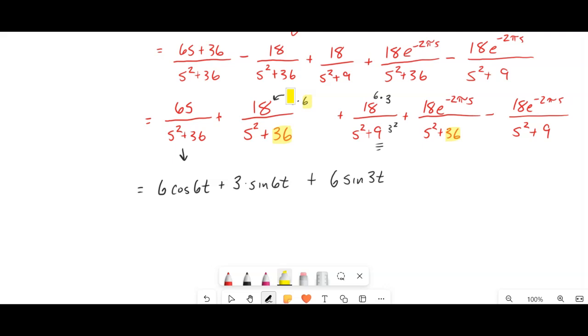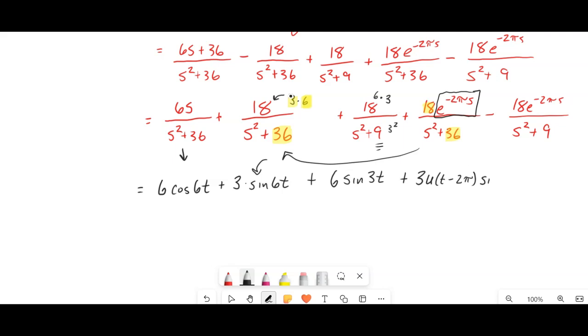All right, now we're back to the 36 here. So we're looking at this one. Again, think of this 18 right here as 3 times 6. So I'm going to think of that as 3 times, but now we have the e to the negative 2 pi s. This is going to be a shifted function, so this is going to be u(t minus 2 pi). And what are we shifting? This is literally the same thing that we just did here, so it's 3 sine 6t.